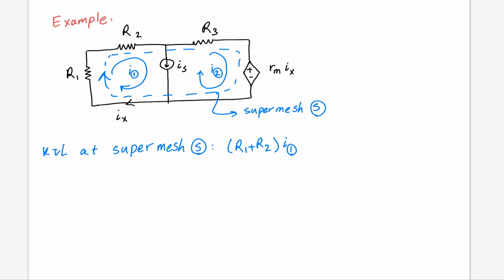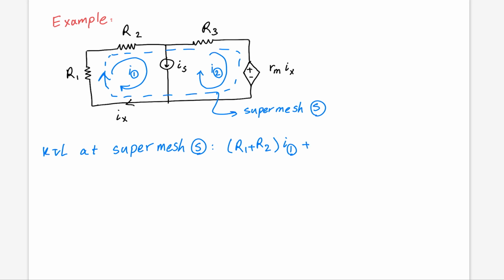Since R1 and R2 are in series, the equivalent resistor of them will be the sum of each of them. So that's why I have written this summation of them.